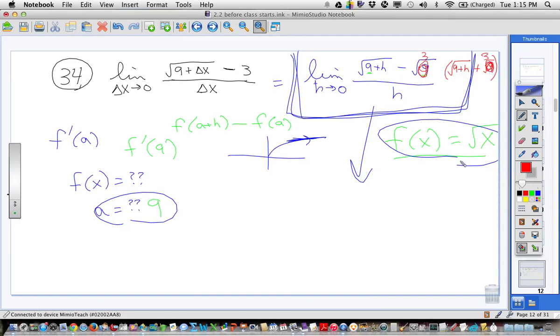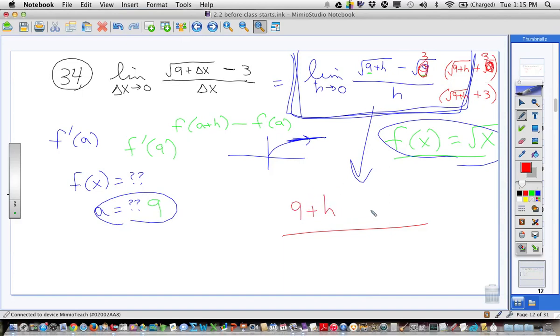You see how that's the conjugate? I have radical minus 3, so I'm going to multiply by radical plus 3. And I have to do that to the top and the bottom. So this is what that conjugate thing we were just talking about would look like. Now, what do you get when you FOIL the top?